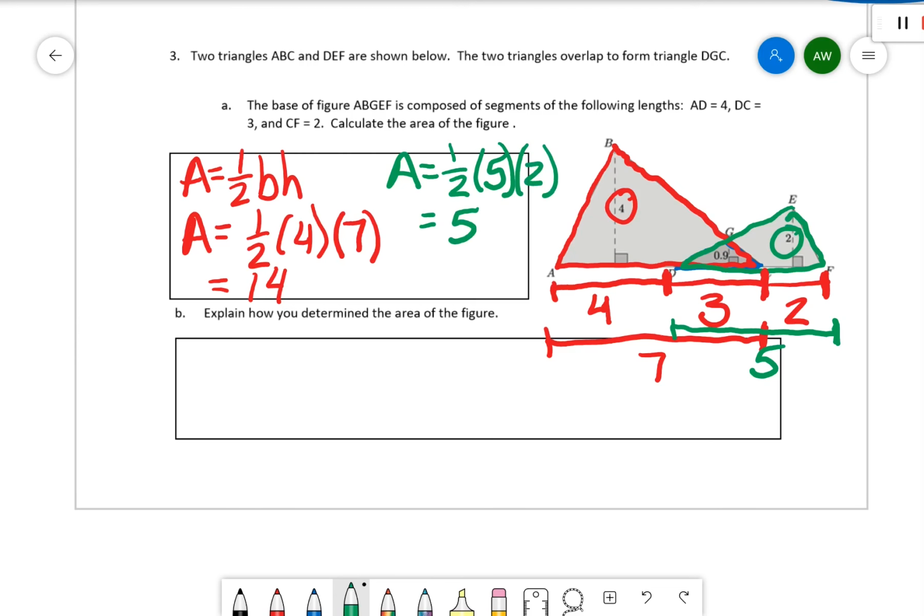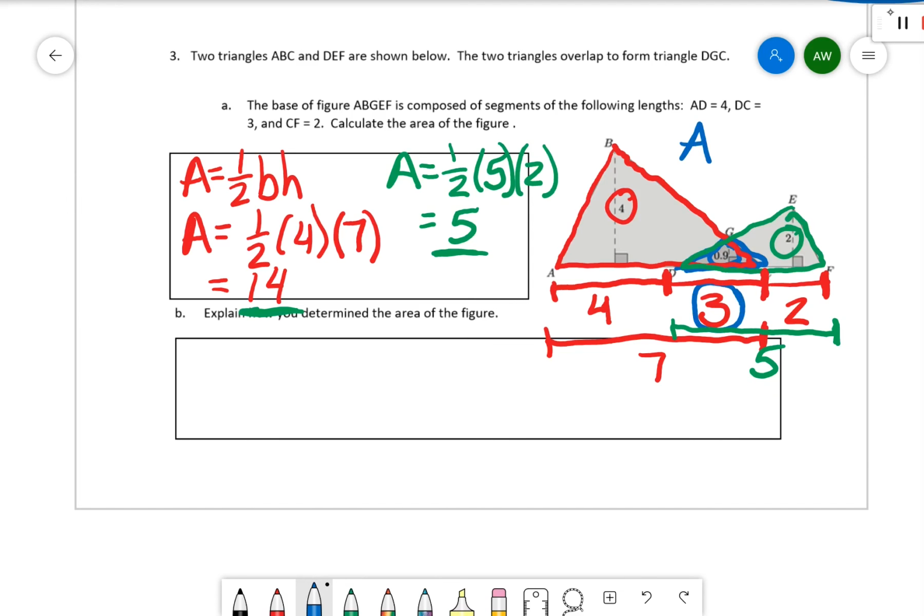Now remember what I said before, that we have to get rid of that overlapping part, right? Because we counted the overlapping part is in this 14 and it's also in the 5. So we have to get rid of it once. So to do that, I need to find my overlapping section here. Now the base of this overlapping section is 3. My height is 0.9.